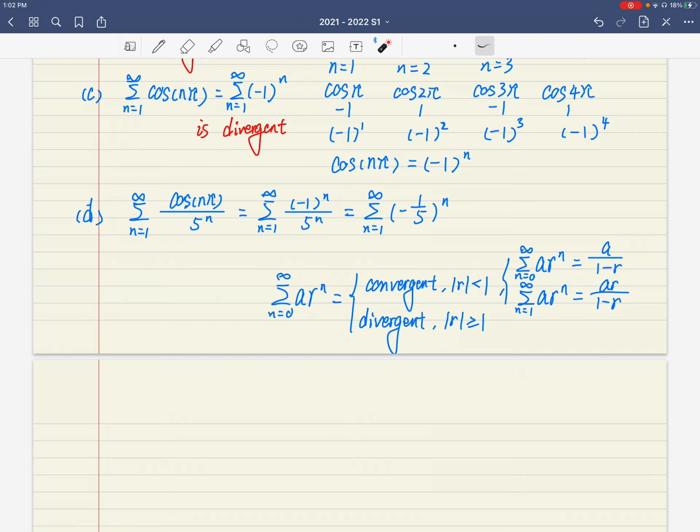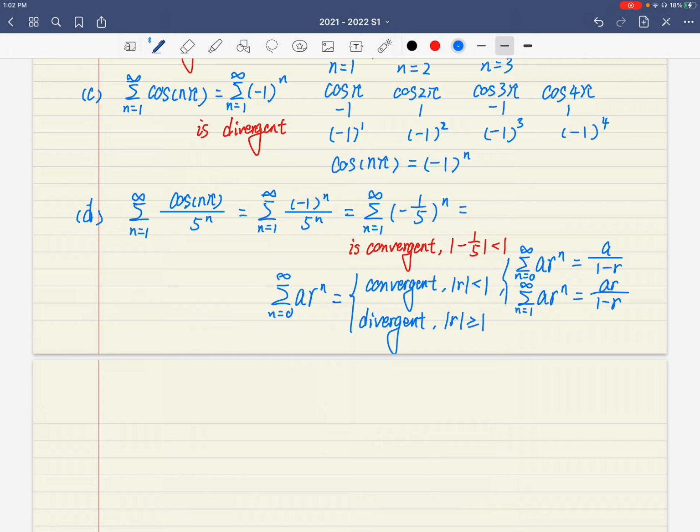Clearly here, this is a geometric series, right? A is 1, and this is r. So it is convergent, since it's a geometric series and the absolute value of its ratio, which is -1/5 here, is smaller than 1.